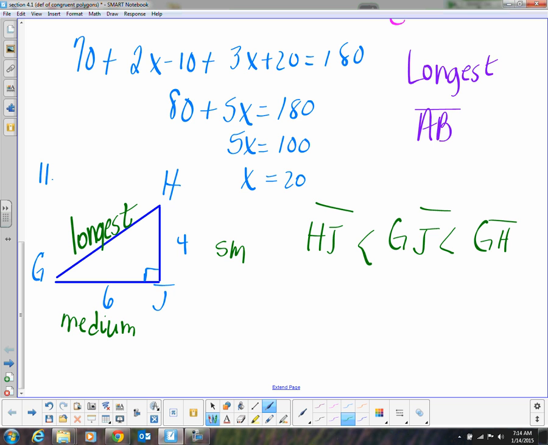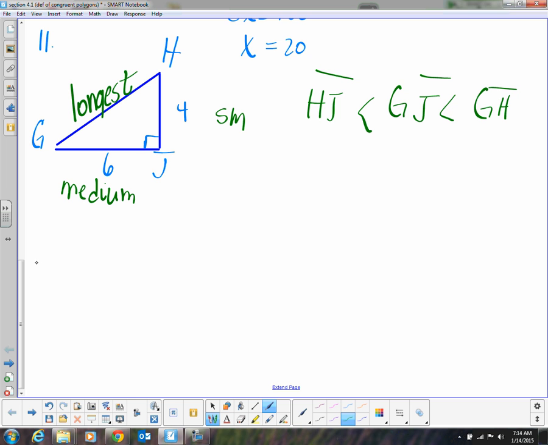Tommy? 49. 1 and 2 are corresponding angles formed by two parallel lines and a transversal. What's the relationship between corresponding angles if lines are parallel, Tommy? Pardon? What do we know about corresponding angles if lines are parallel? Right.